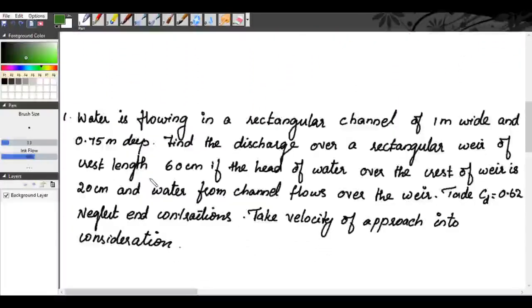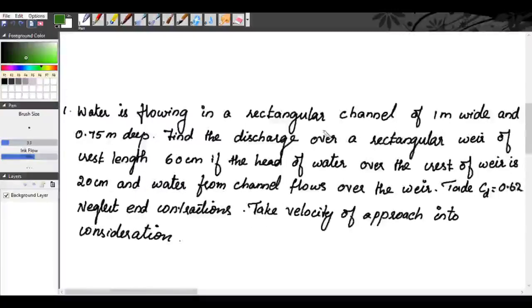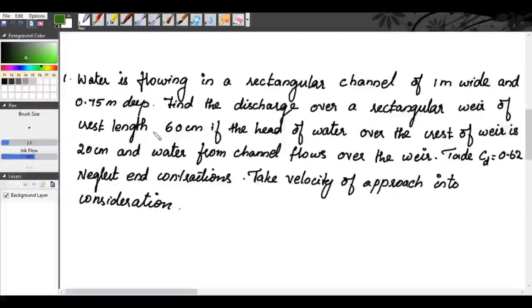Now, we will see a few problems. We know the velocity head HA is equal to VA square by 2G. We will see three problems using this velocity of approach. The first problem: water is flowing in a rectangular channel of 1 meter wide and 0.75 meter deep.